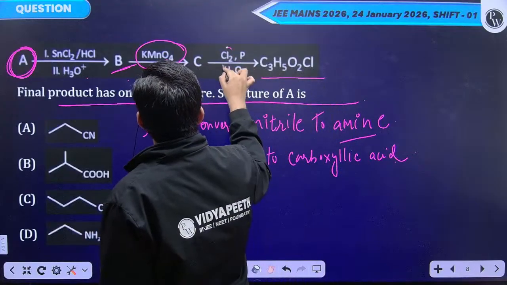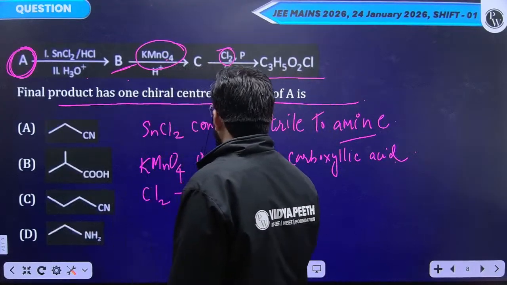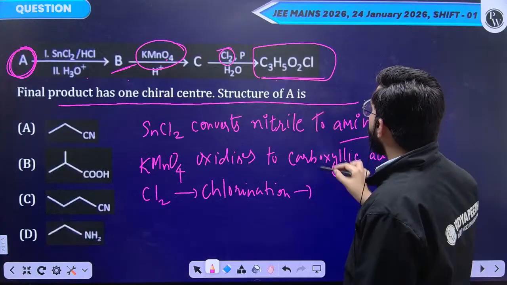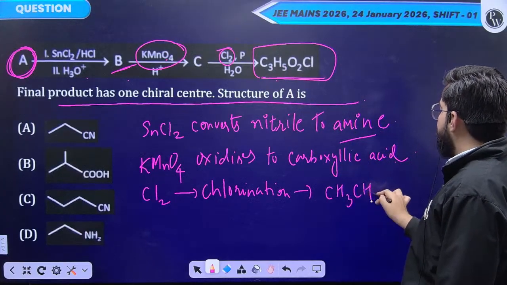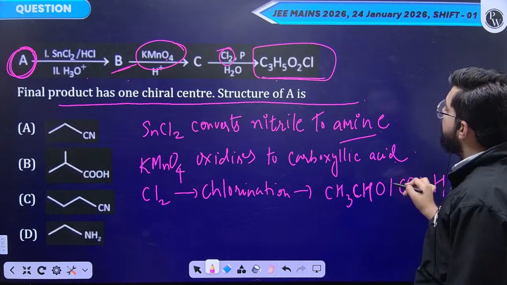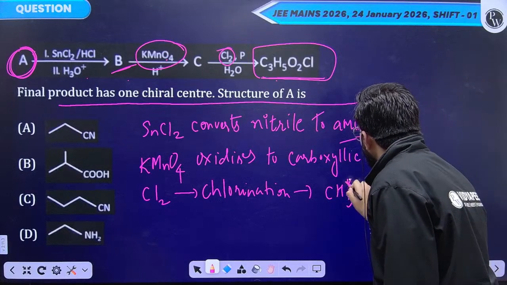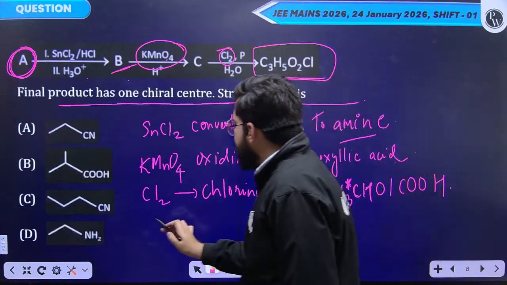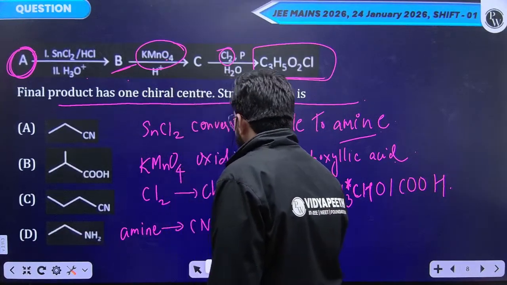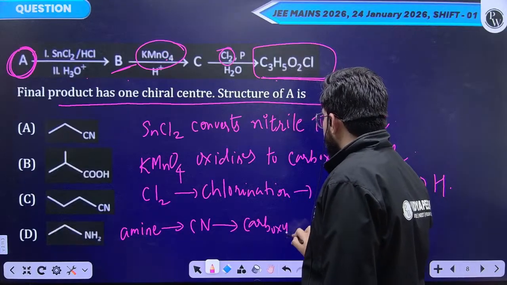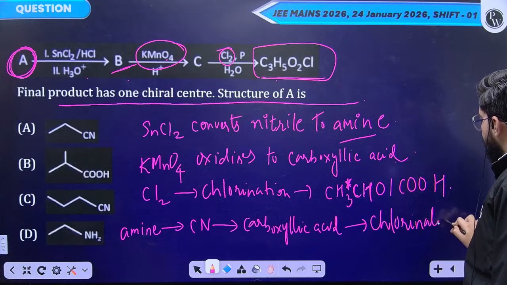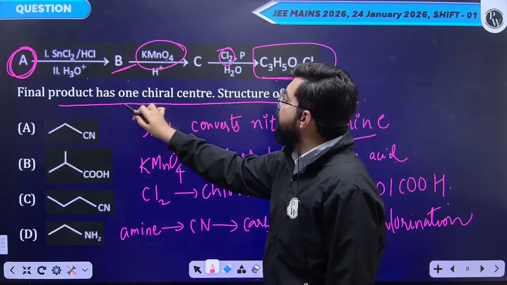After that, this Cl2 part is nothing but chlorination, right? So this is CH3CHClCOOH, which is the chiral part, you can say. So that means from CN, then carboxylic acid we will get. After that, with the help of chlorination, we will get the product with one chiral center.